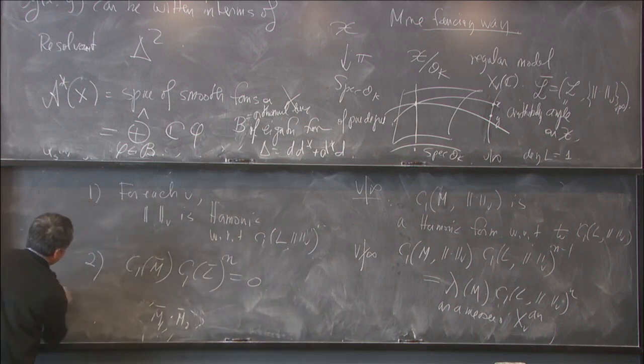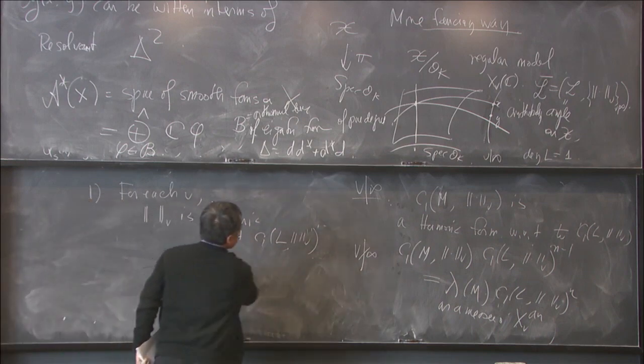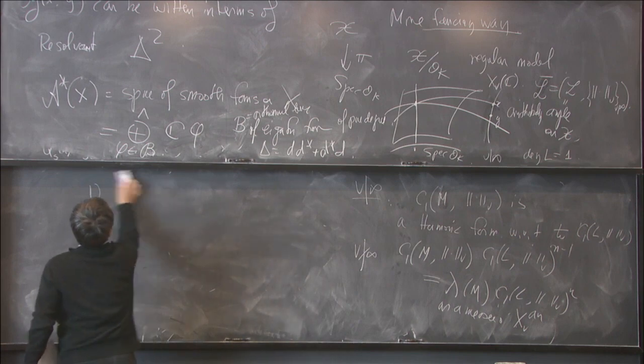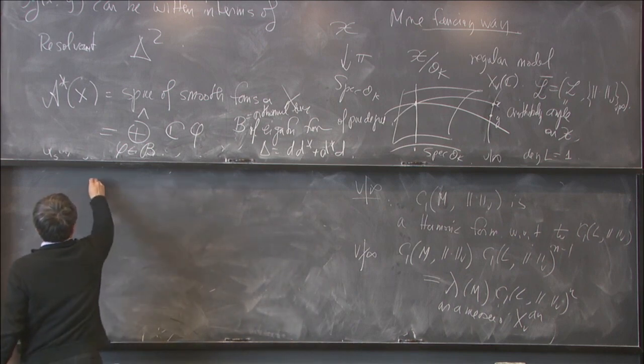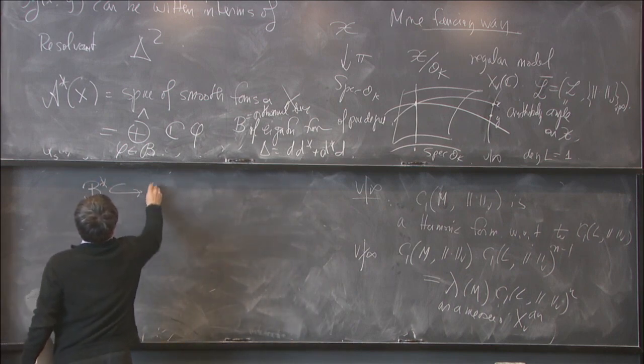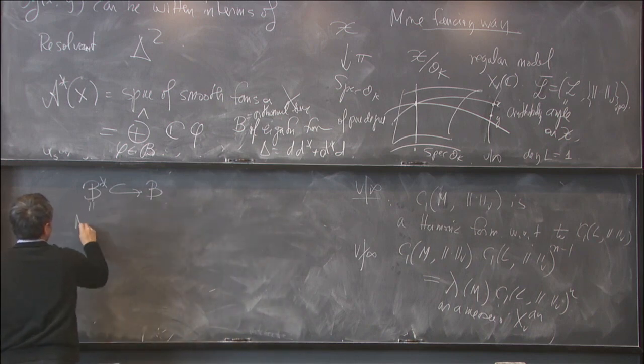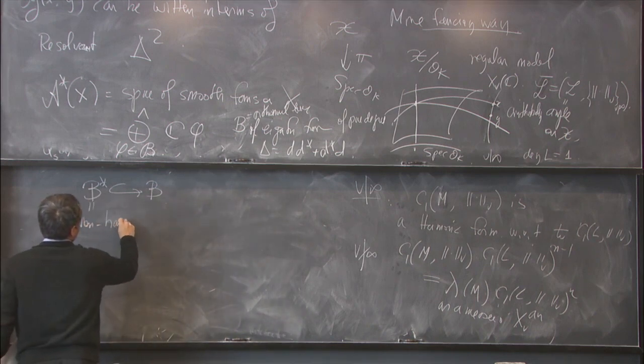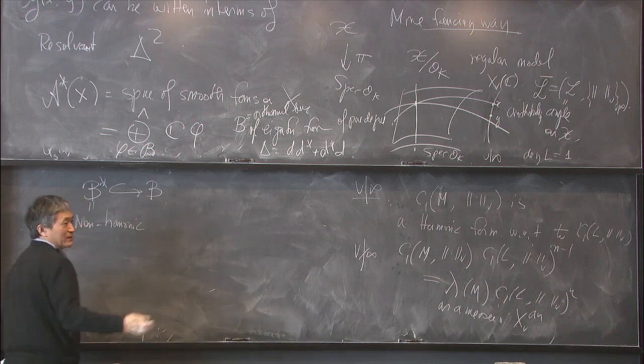So I can define B star, the non-harmonic one. I just take the harmonic ones out.